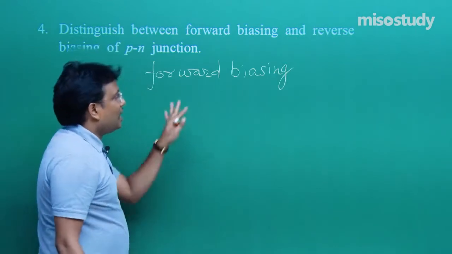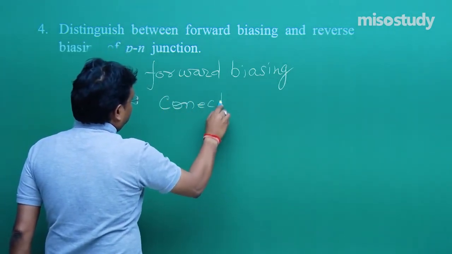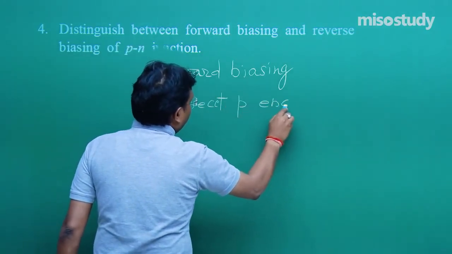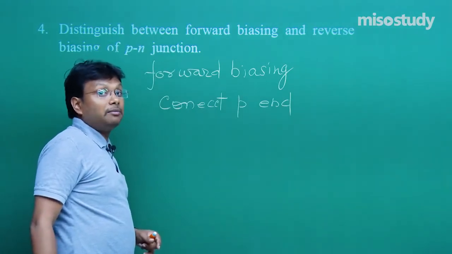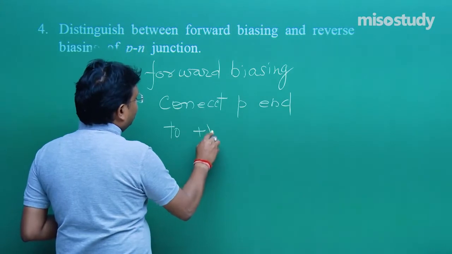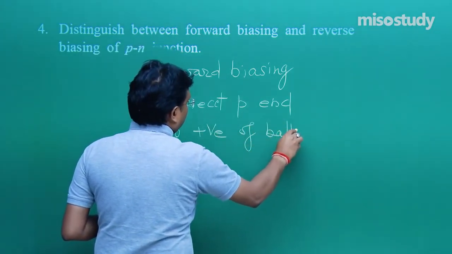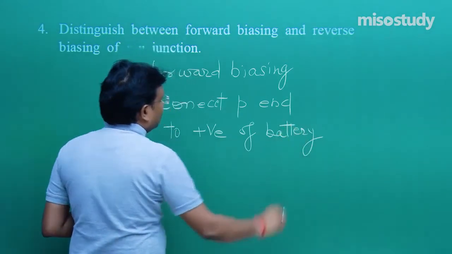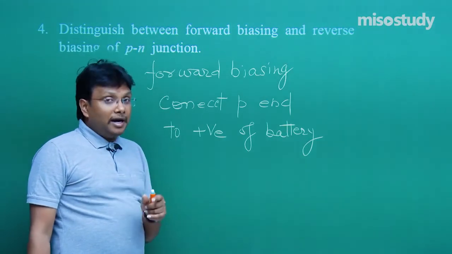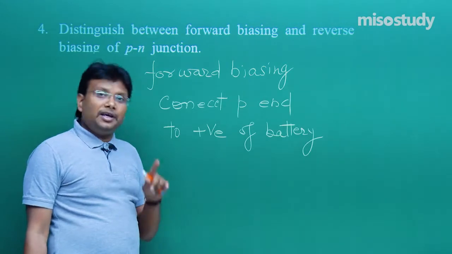So, simply say forward biasing means connect P end, means P type semiconducting material end, to the positive terminal of battery or source, while reverse biasing means connect P type end of the PN junction diode to the negative terminal of the battery.